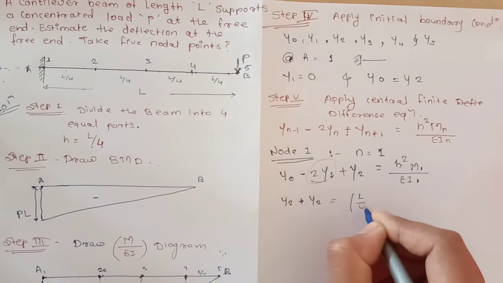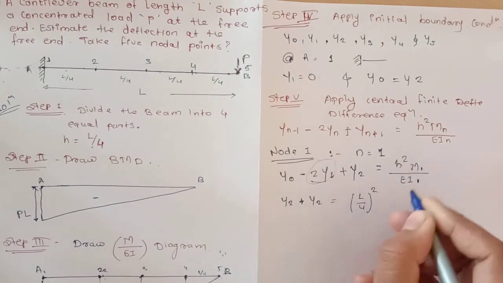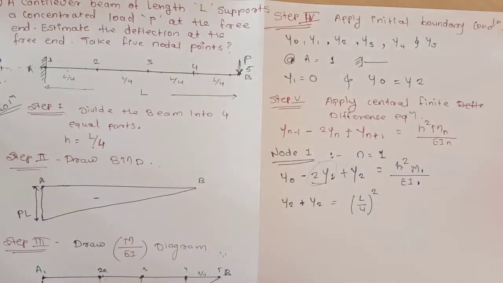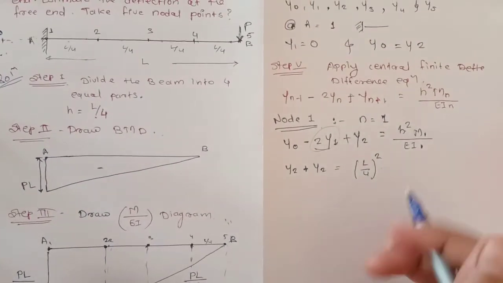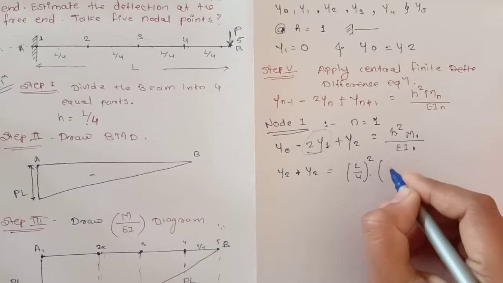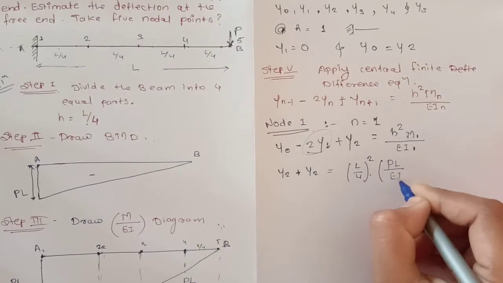Take L by 4 square into m1, meaning the moment at the first nodal point. That is PL divided by EI. So into this PL divided by EI.